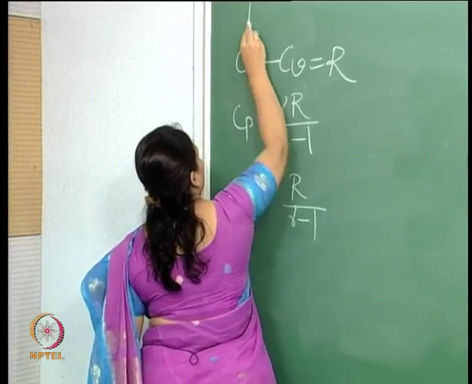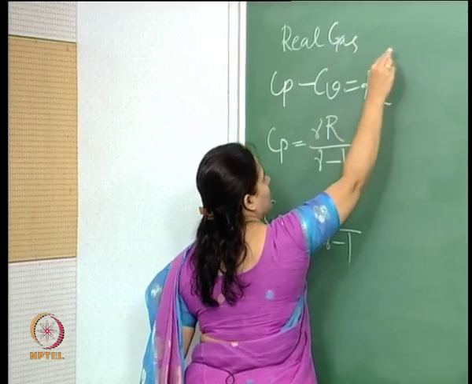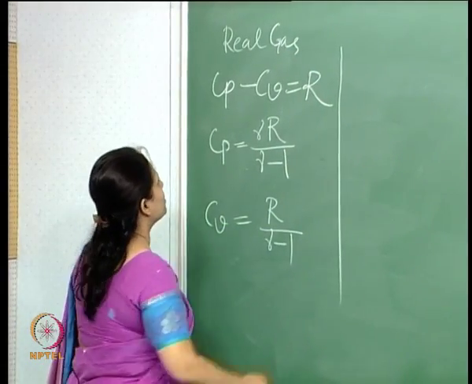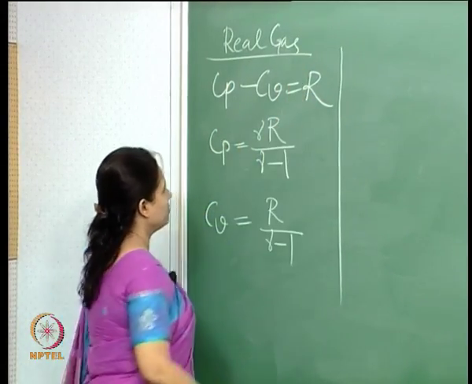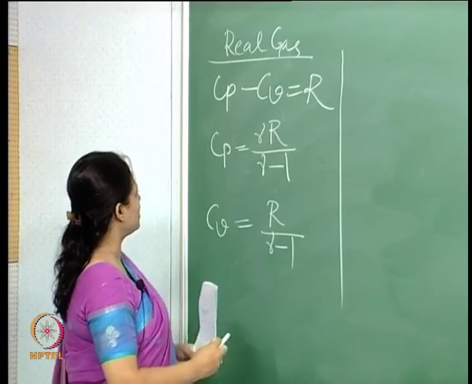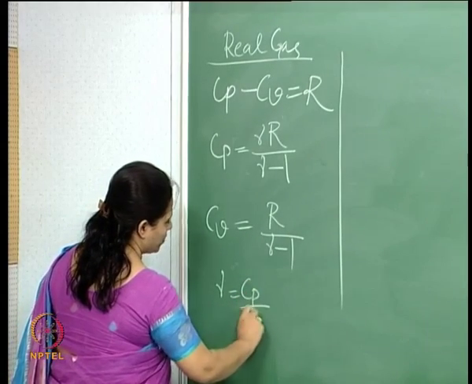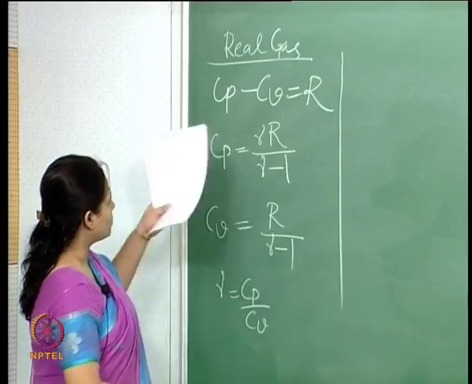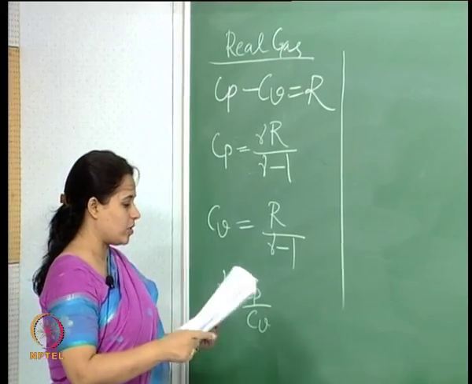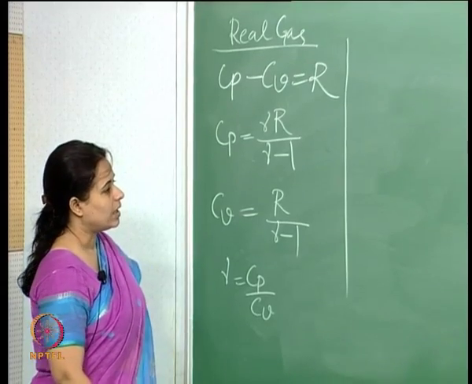Now, these relationships are for a real gas. You must be familiar with this. Gamma is the ratio of the specific heats. So, these are relationships for a real gas.